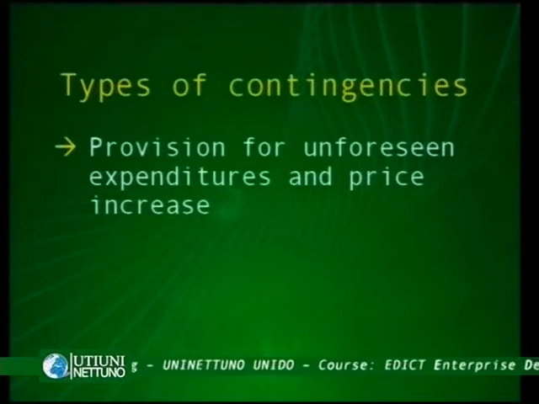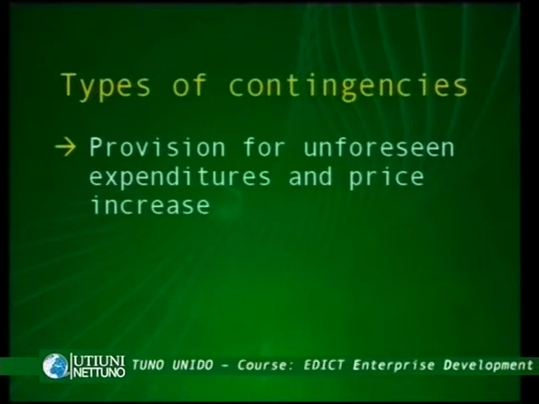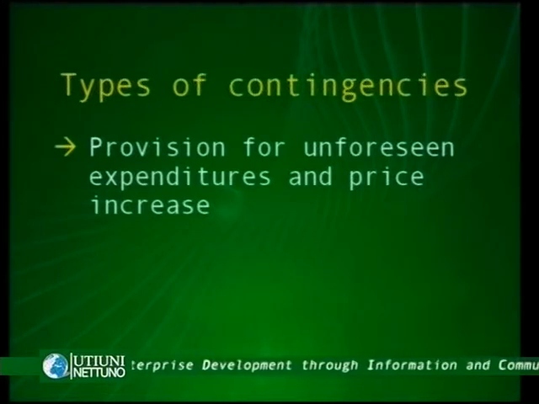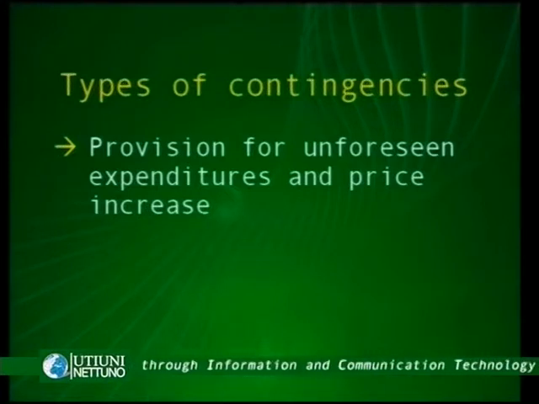So we can define contingencies as the provision for unforeseen expenditures and price increase. So it's a way to adjust our estimation of the initial investment to account for unforeseen events that can increase our expected initial investments. And we can distinguish two types of contingencies.